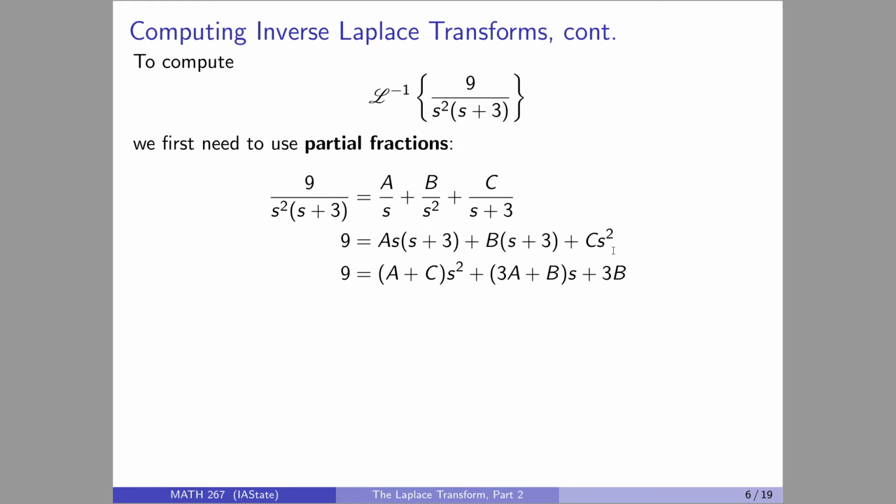The other technique that you can use is plugging in values for s to eliminate terms to solve for A, B, and C. But technically, you really shouldn't be doing that, because the values you'd want to plug in, of course, are s equals 0 to knock out the s squared term, and that is precisely one of the values you can't plug in.